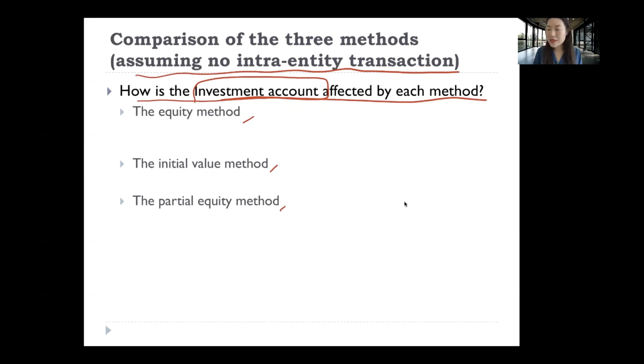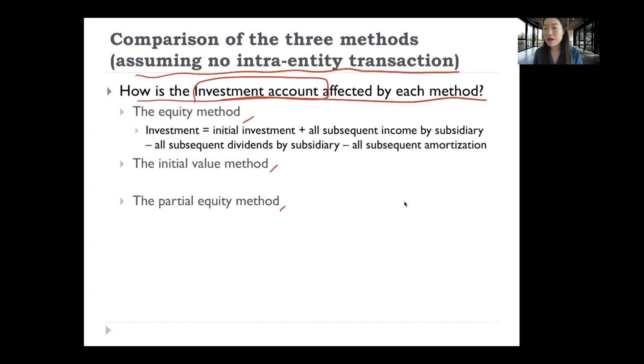So the investment account balance under the equity method, if this equation is a lot hard to figure out, you just pull out all of the journal entries we just talked about 1 minute ago. So the investment account balance is increased by the initial investment.